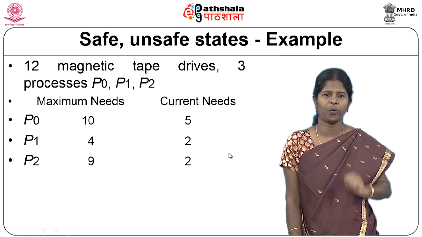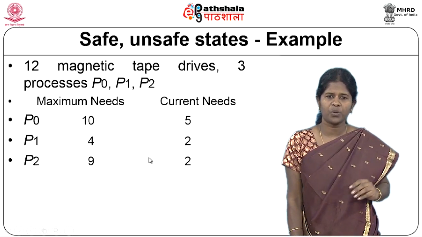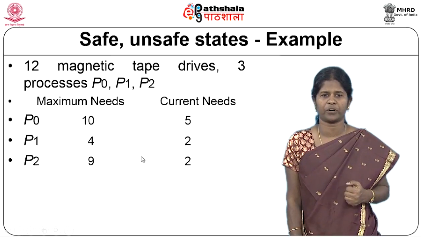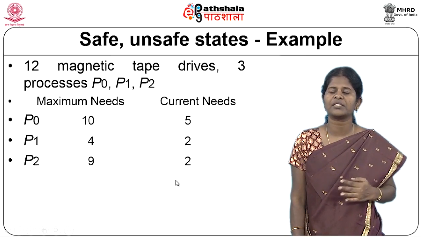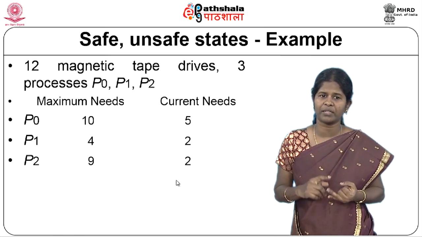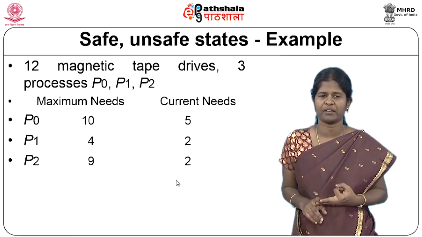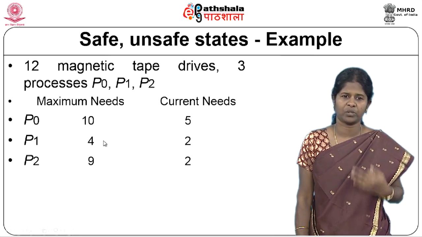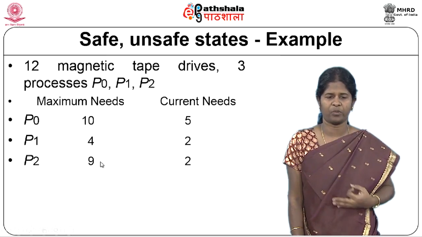Now, how do we allocate the future requests of each of the processes such that the system will remain in a safe state? I repeat, you have 3 tape drives which are free. P0 in future will need 5 more, P1 will need 2 more and P2 will need 7 more.